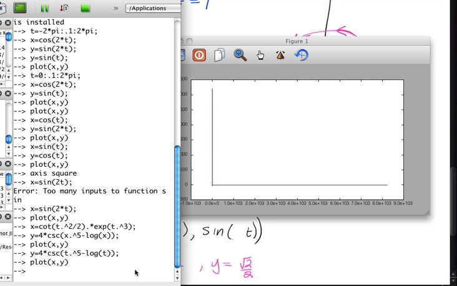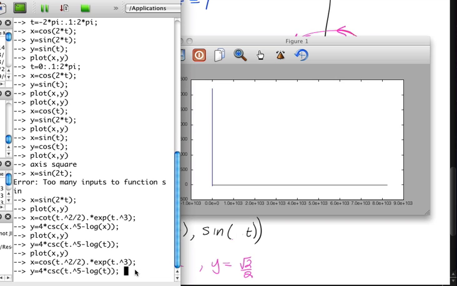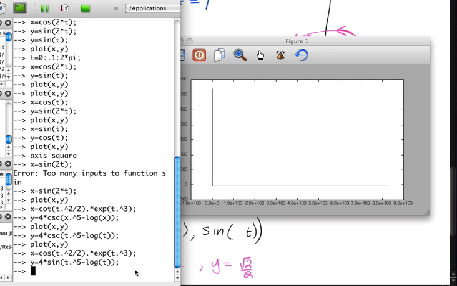Because the numbers are massive, right? This is like times 10 to the 103. So yeah, we didn't do a good job. Let's just do cotangent of t and cosecant. Let's change these to cosine, and then change this one to sine.